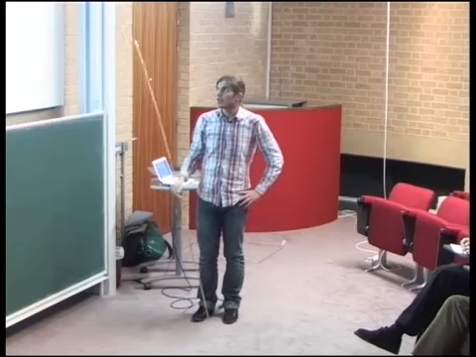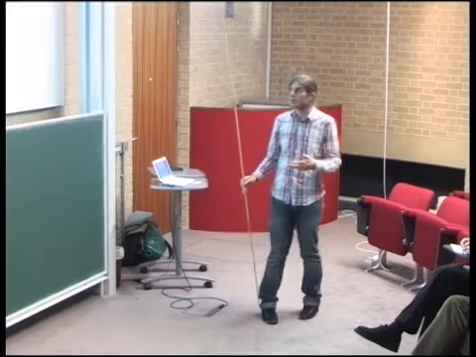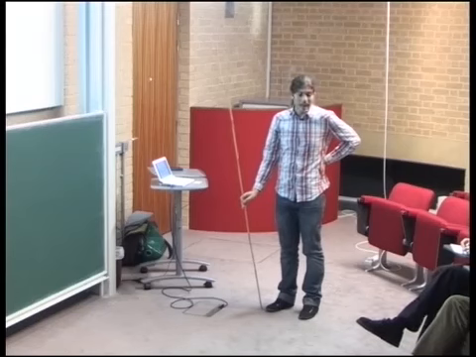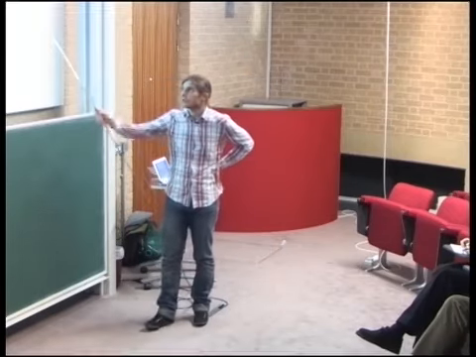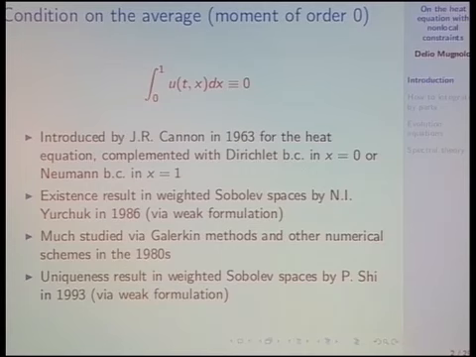So you are just losing 1 degree of freedom. So this is not enough to have a well-posed direct heat equation. And in fact, people had to complement this condition by, say, Dirichlet or Neumann conditions in one of the endpoints.